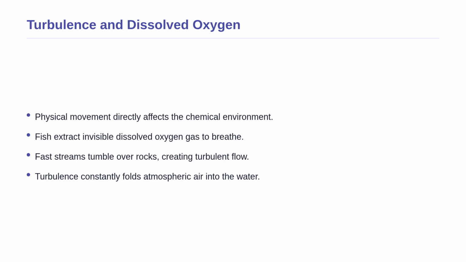However, in fast-flowing streams, the water tumbles over rocks, creating chaotic, swirling currents known as turbulent flow. This turbulence acts like a giant whisk, constantly folding atmospheric air into the water. This is exactly why fast mountain streams are incredibly rich in oxygen, providing a lifeline for the organisms living there.